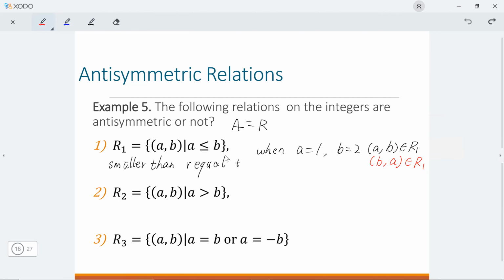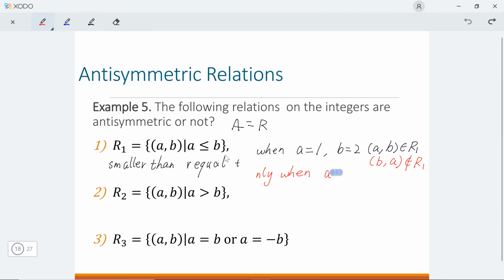What we should do is find a case where, when we flip the two values, the pair is still in our relation R1. If we flip the values A and B, the value of B must still be smaller than or equal to A. The only case is when A and B are equal to each other. Only when the value of A equals B, the flip of them is still in our relation.